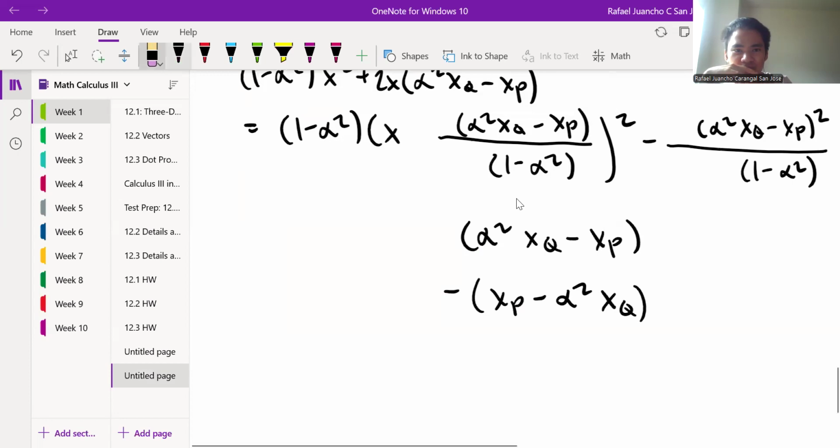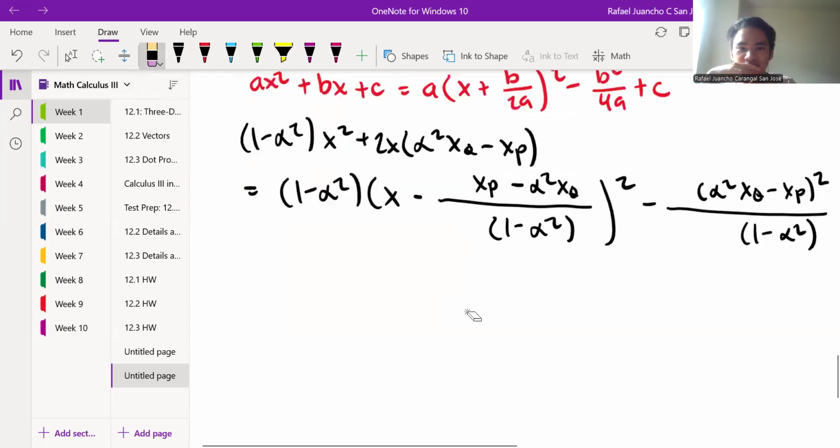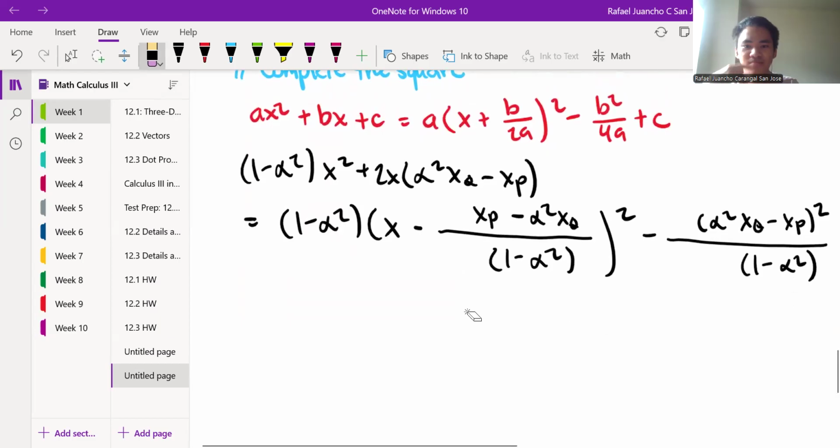So basically it's minus. And then we just switch these around. And we have that formula right there. Right?